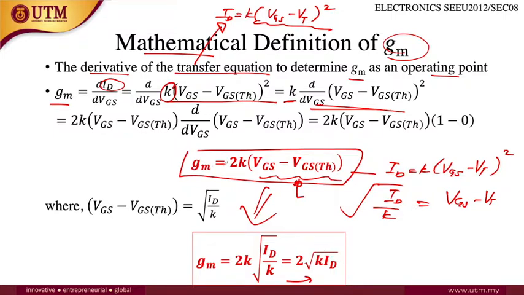So if you want to define GM based on the mathematical definition, and you are given the VGS threshold value, of course you can use the first equation. But if the threshold value is not given to you, you can derive it with this formula. Both of these are the same. Which formula you choose depends on what information is given to you, or what information you have.